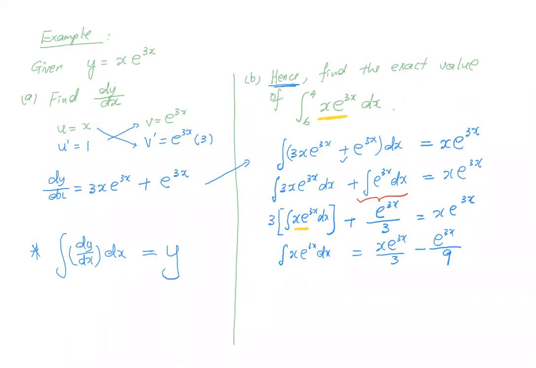Now look, there are 2 numbers there. As long as there's a number, you don't have to bother whether to write plus C or not. So now I write down the integral from 6 to 4 of x e to the power 3x dx is equal to, I put a square bracket here. I put a 6 at the bottom, 4 on top.